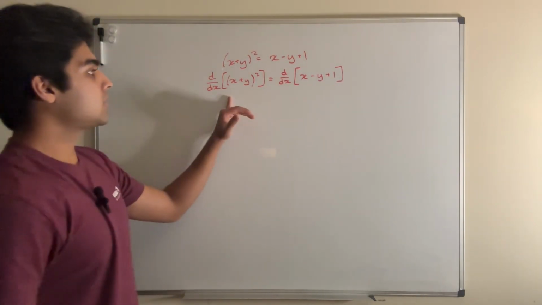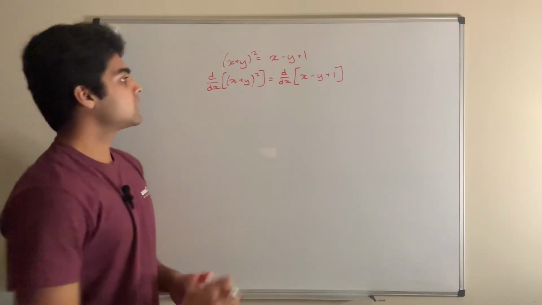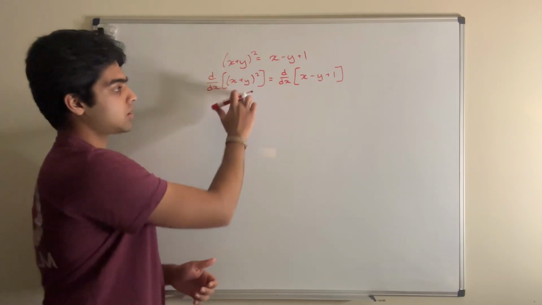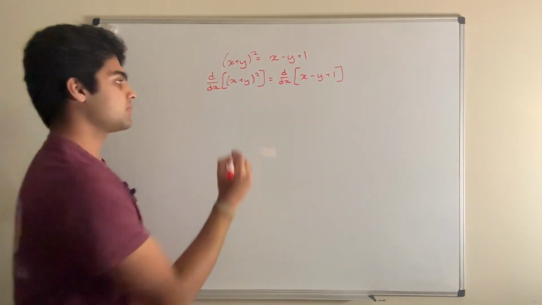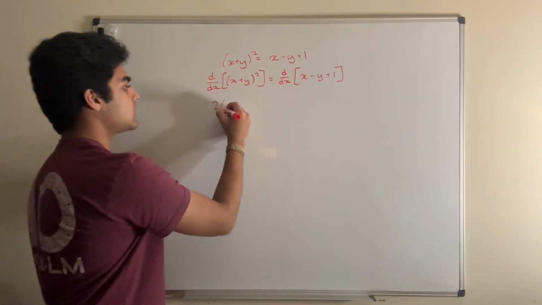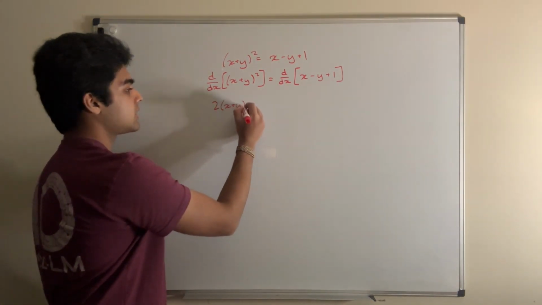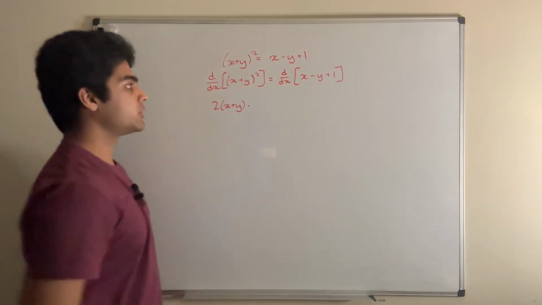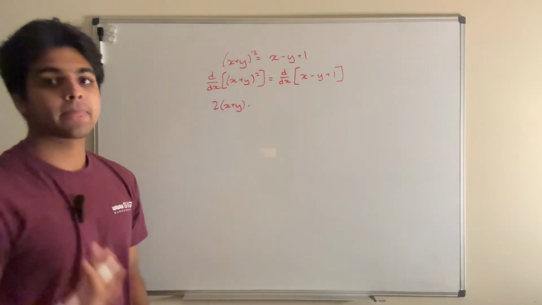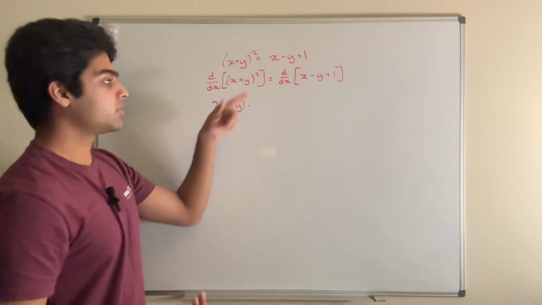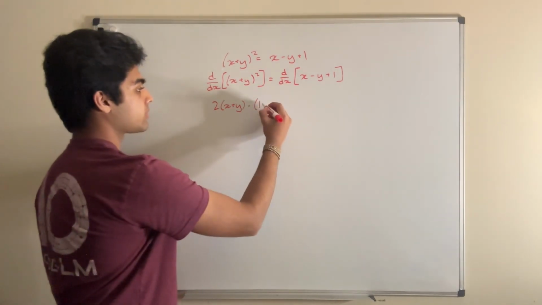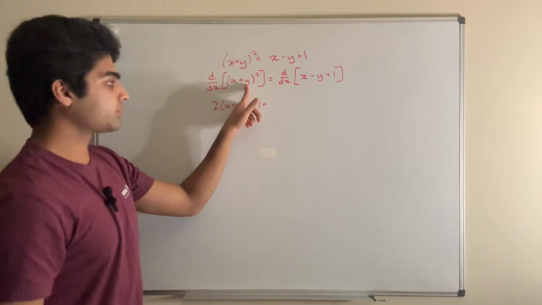And now we can evaluate this, right? So this is a chain rule problem. The outside function in this case is x squared. So we're going to drop the 2 down. So we're going to have 2 times x plus y, and then multiplied by the derivative of the inside part. So the derivative of x plus y, derivative of x is just going to be 1, plus y.